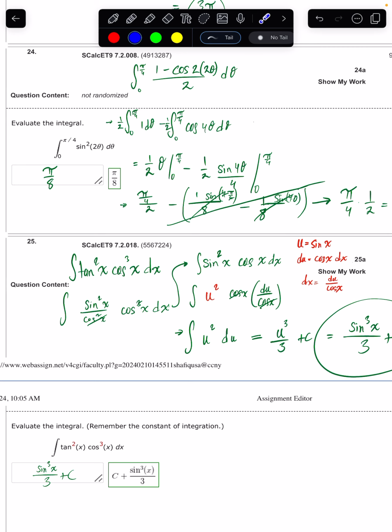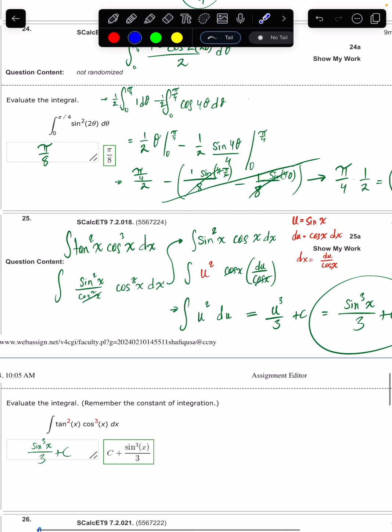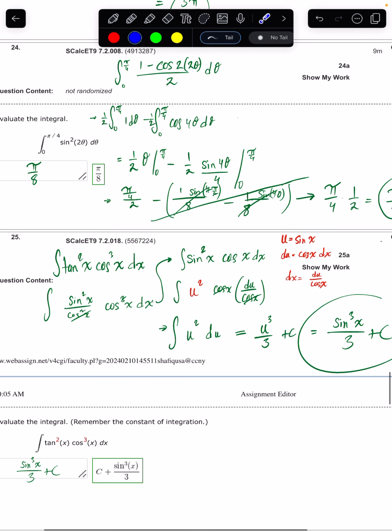And then you can bring out the 1/2 because the whole thing is being multiplied by 1/2. The integration of 1 becomes theta because we're integrating with respect to theta, not x, in this scenario.